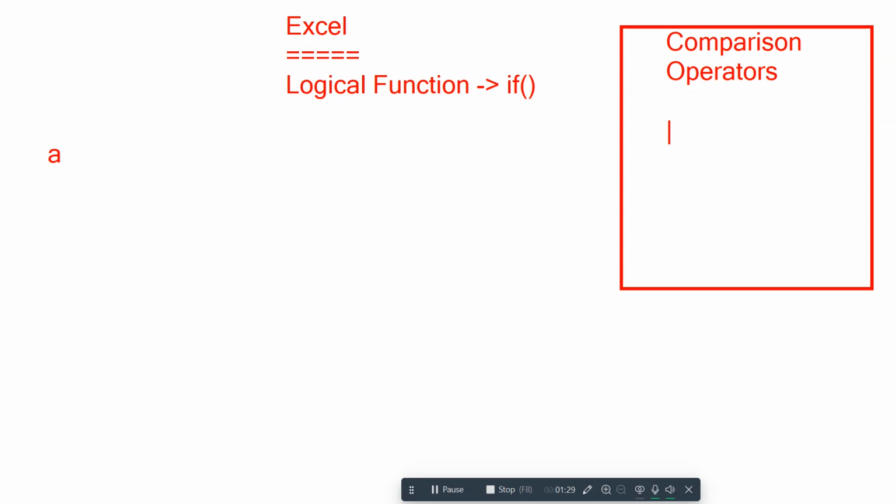There are some comparison operators we will use in the logical function IF. First is equal, second greater than, less than, greater than or equal to, less than or equal to, and not equal to. These are all comparison operators which we will use in MS Excel with the logical function IF.